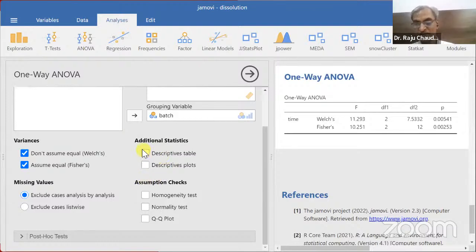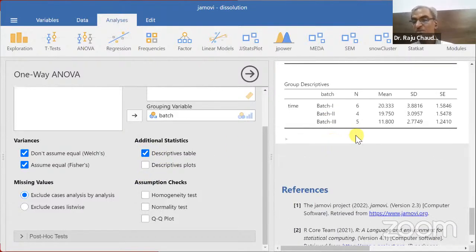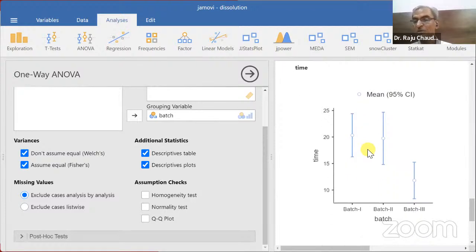Then we have some additional statistics, right? So select the descriptive table. It gives you a descriptive table for dissolution time according to different batches: number of observations, their mean, their standard deviation, and their standard error. So this is the descriptive summary. If you want a plot also, you can get a descriptive plot.